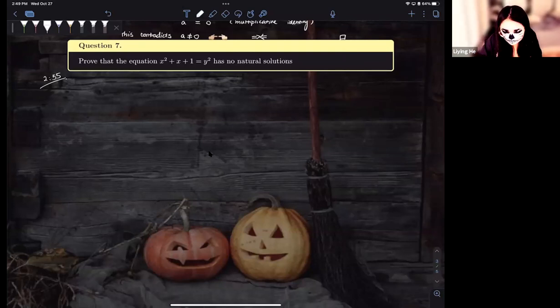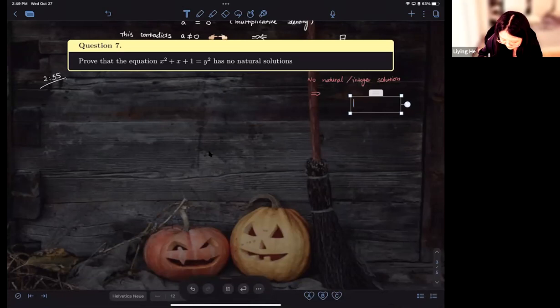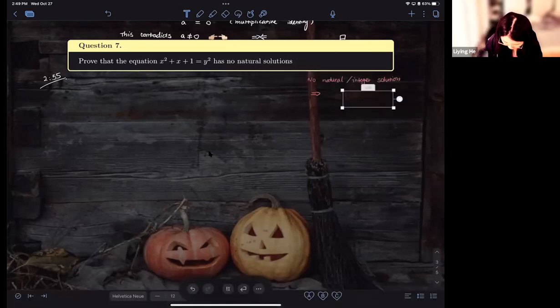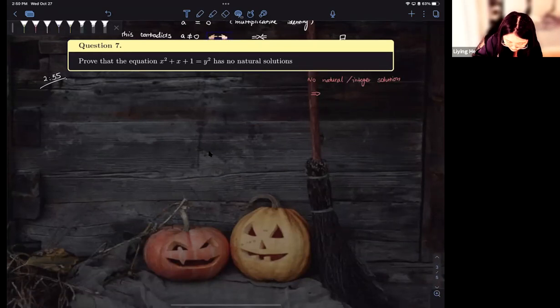I'm pretty sure a lot of you already know when you see no natural solution, or no integer solution, what do you do? Contradiction. So we use contradiction. So we suppose there are integer solutions, and now what do you do? You write it as a difference of squares.